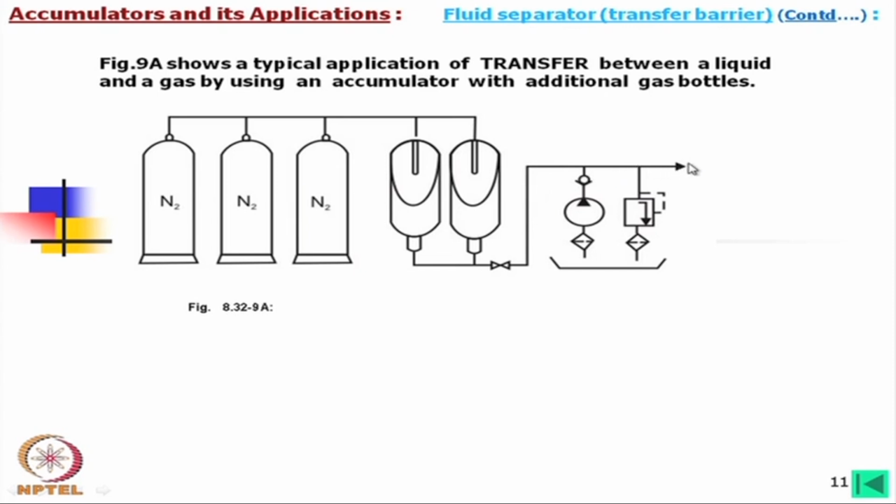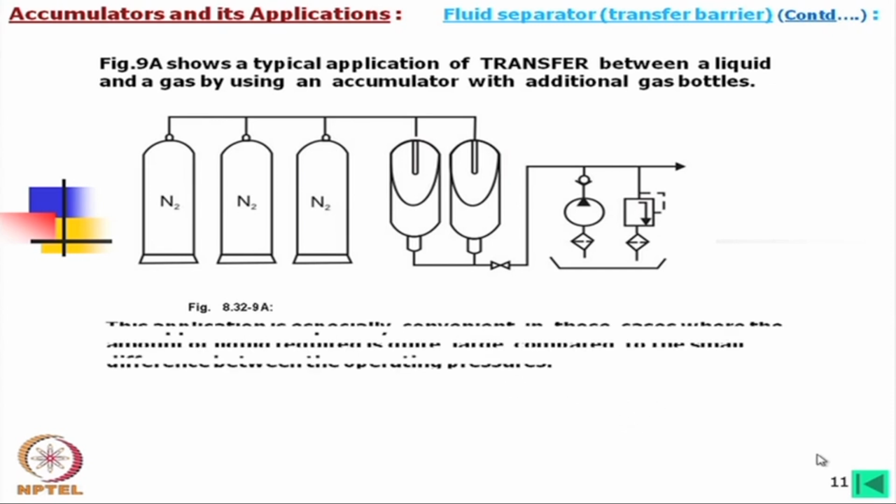This oil can go this way, but when we open it, this will be pressurized, and then this nitrogen cylinder will be filled or equalized. This is a very schematic application of an accumulator, but this is the transfer process. These are usually used in industries, say chemical industries and similar big industries.